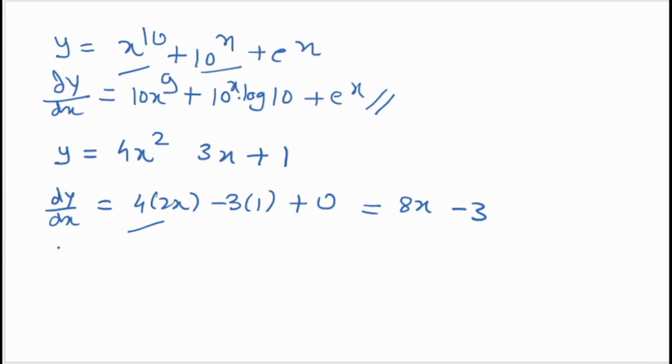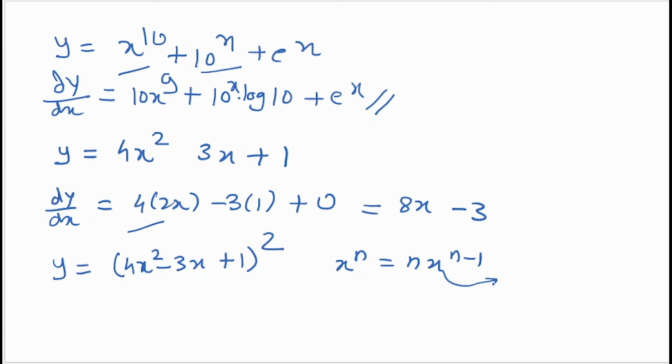One more example for the quadratic: y is equal to, in brackets, 4x square minus 3x plus 1, whole square. Now here the function is squared, so we can solve using the first formula, that is the derivative of x raised to n is n into x raised to n minus 1, then again we take the derivative of the inner function. So dy by dx is equal to 2 into, write down as it is, the power 2 minus 1 is 1.